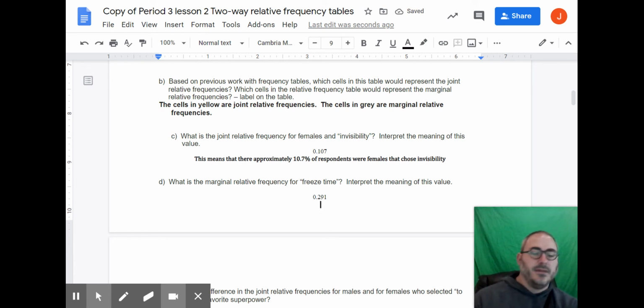So this means that approximately, let's see, this is going to be 29.1. Do you see how that works? 29.1%, right? So I took the 0.291, and in my head I moved the decimal place over 2 places. But you could achieve the same effect by multiplying by 100. 29.1, right?